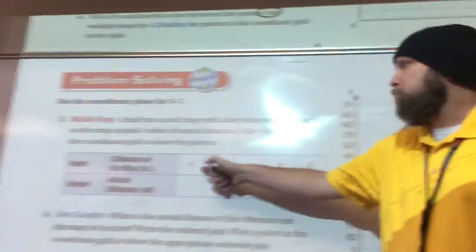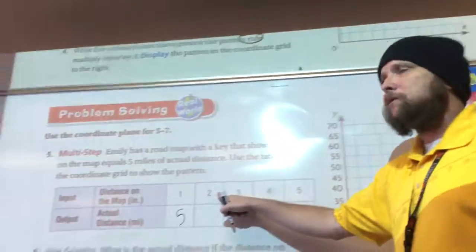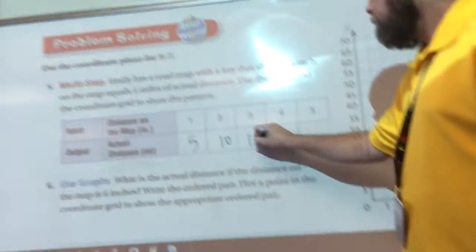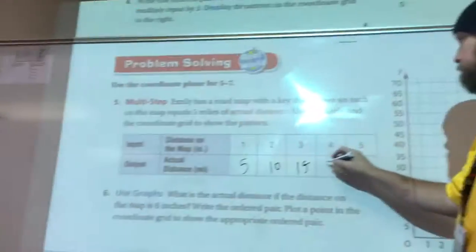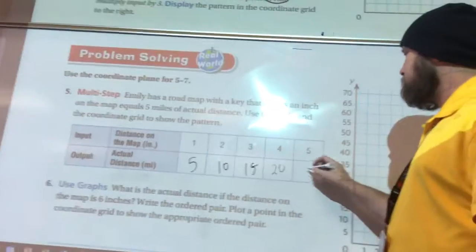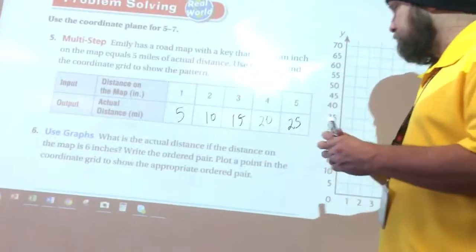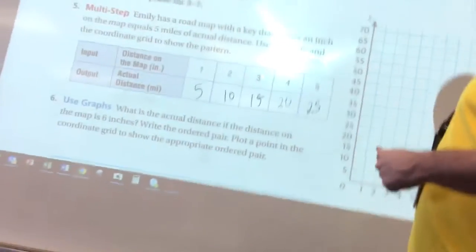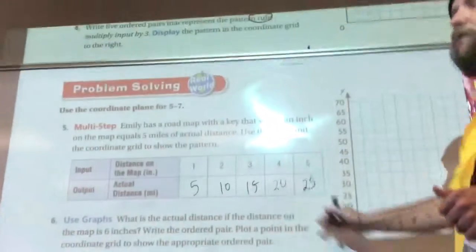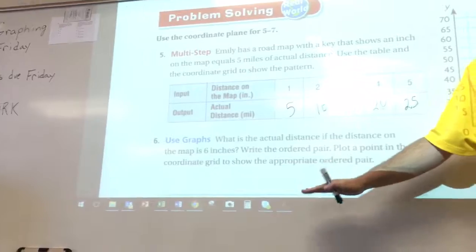So if 1 inch equals 5 miles, 2 inches equals 10 miles, 3 inches equals 15, 4 inches equals 20, 5 inches equals 25. Okay, so we're out of time for this, but go through, graph it, go through the other ones. If you slow yourself down and read what it says, then you won't say you don't understand what to do.